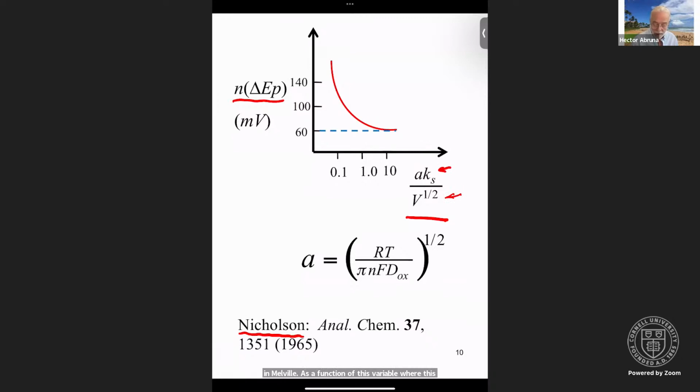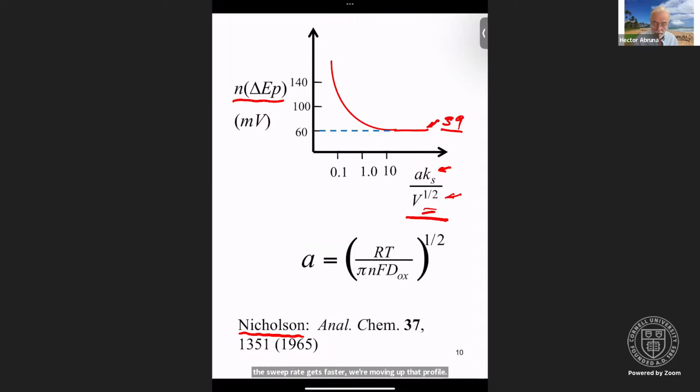And A is a collection of constants here. You'll notice that this profile will asymptotically hit basically what? 59, which is what you would anticipate for a reversible system. As the sweep rate gets faster, we're moving up that profile.